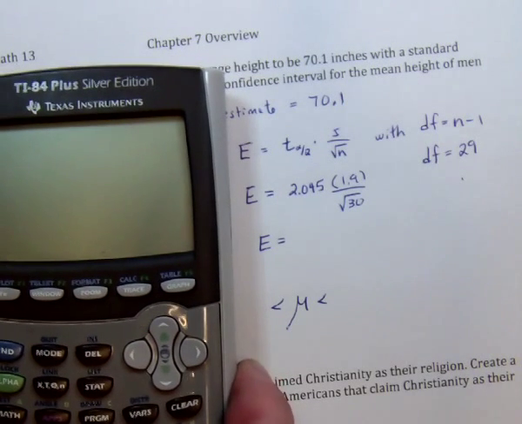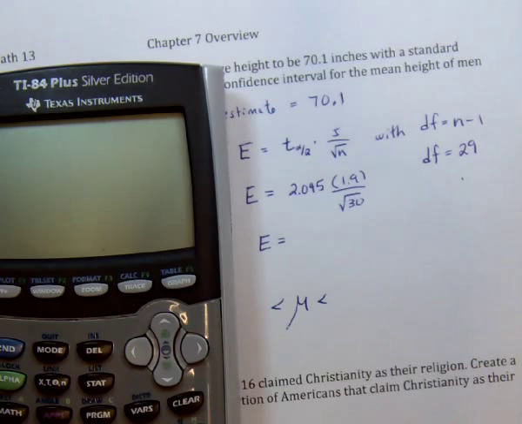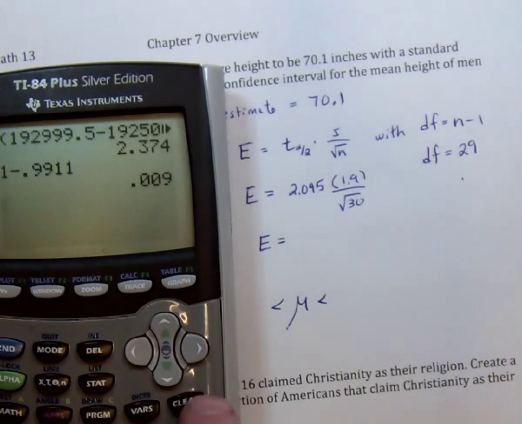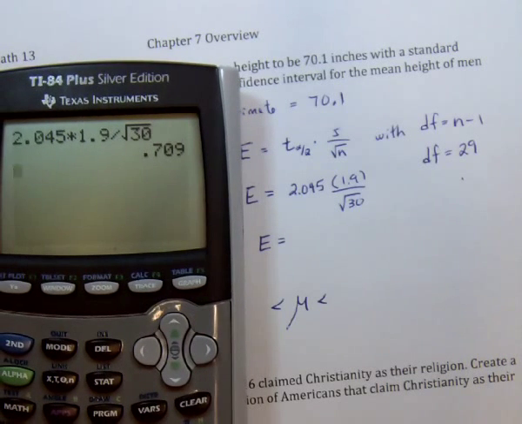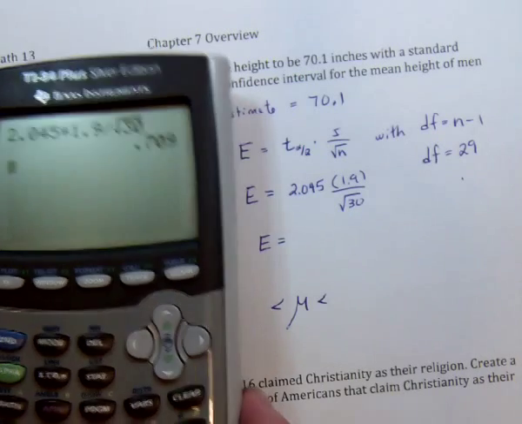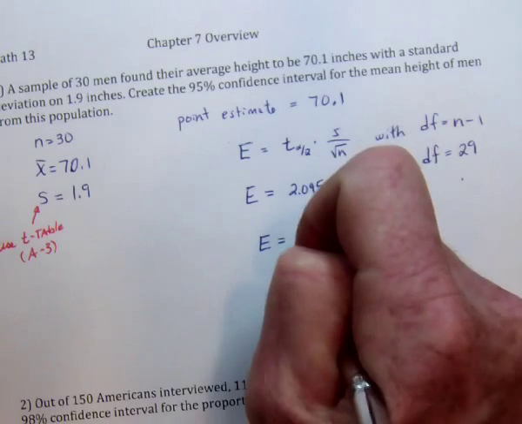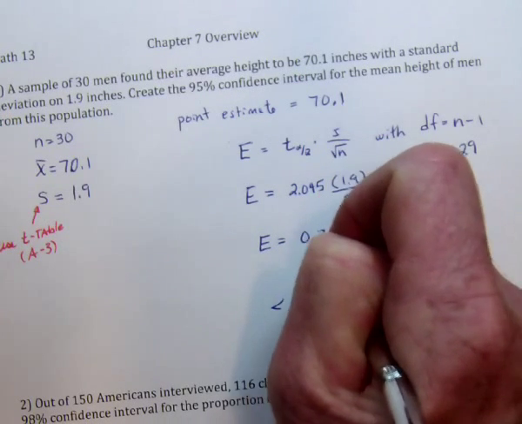And I don't want to show off calculating that in my head right now, so I'll just use the calculator. 2.045 times 1.9 divided by the square root of 30 people. So it's saying, okay, if you say that they are 70.1 inches tall, you could be off by as much as 0.709 of an inch.